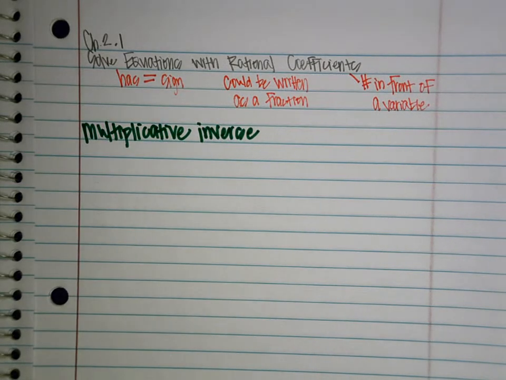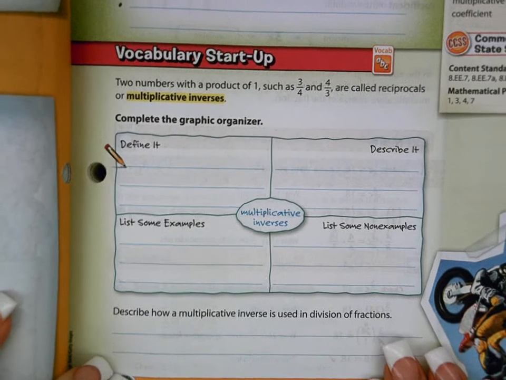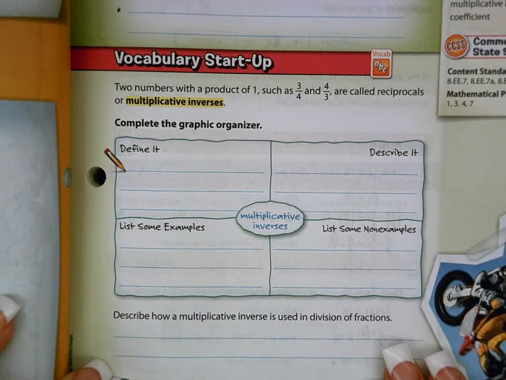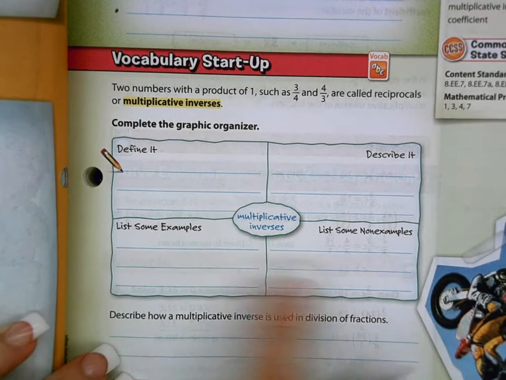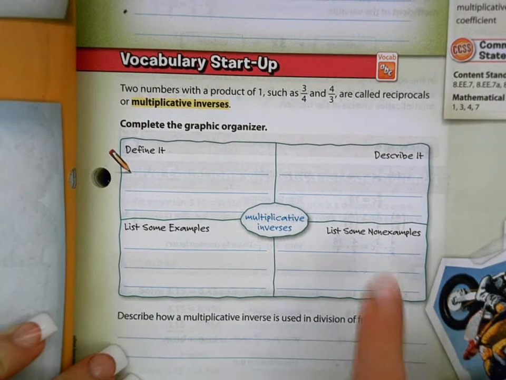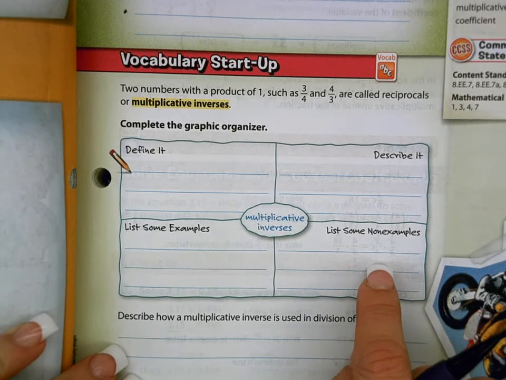You don't have your book? Okay, well, then you can just write it on a piece of paper. That's okay. And we're going to do this graphic organizer. We're going to define it, describe it, list some examples, and list some non-examples. Non-examples just means things that are not a multiplicative inverse.